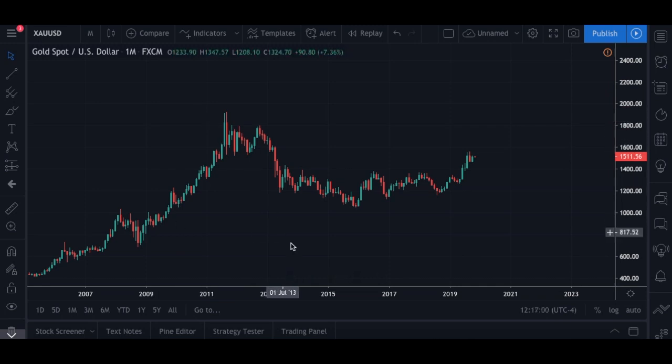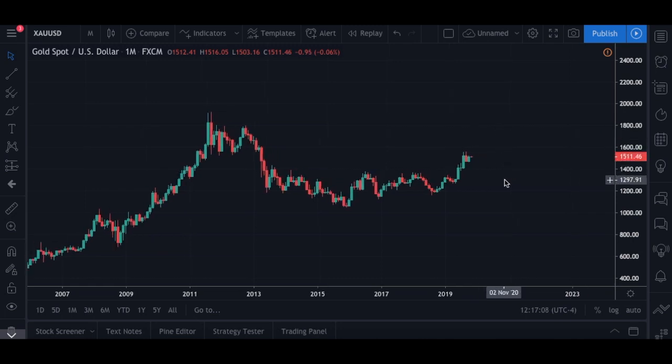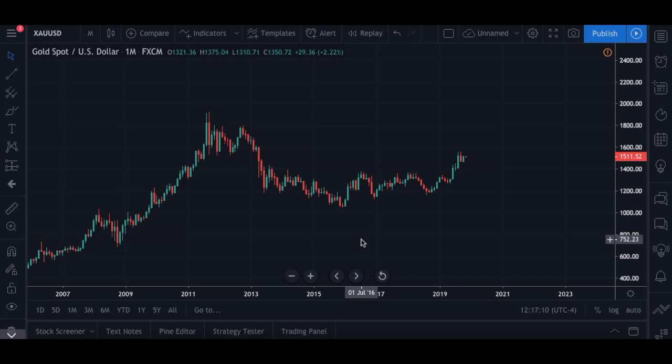I don't use indicators. I used to use EMAs, exponential moving averages, to use as my dynamic support and resistance levels, but I found that they weren't all that helpful, to be honest. And again, like I mentioned in my last video, they lag. With any type of indicator, it lags.